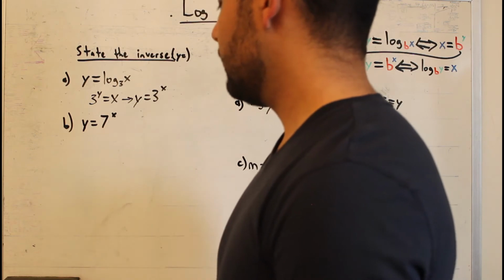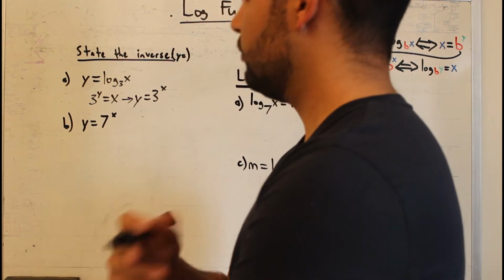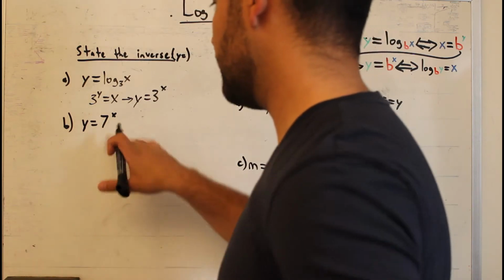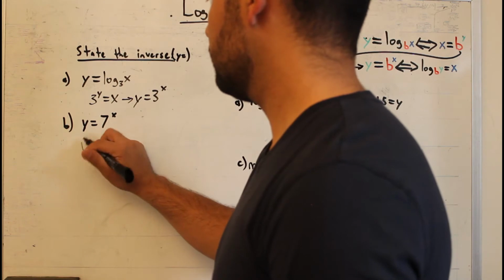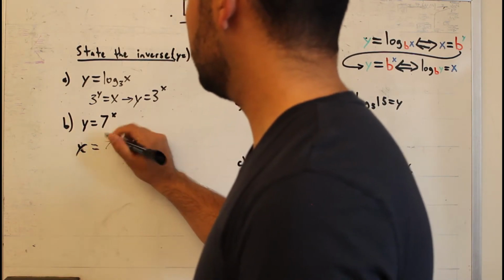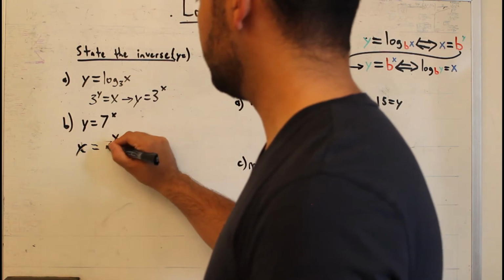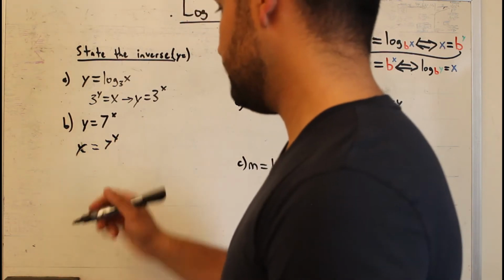Same thing, if we want to switch y equals 7 raised to the x to the inverse, first we should switch the x and the y. So first thing, x equals 7 raised to the y. Now we can switch this into a log function.